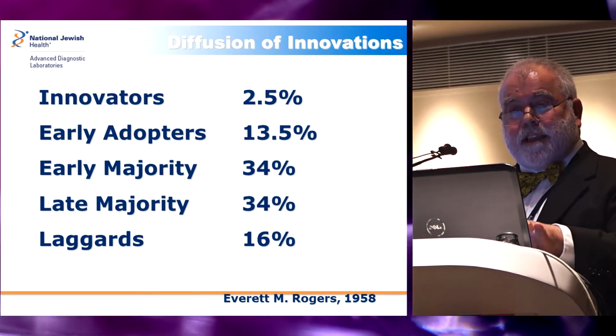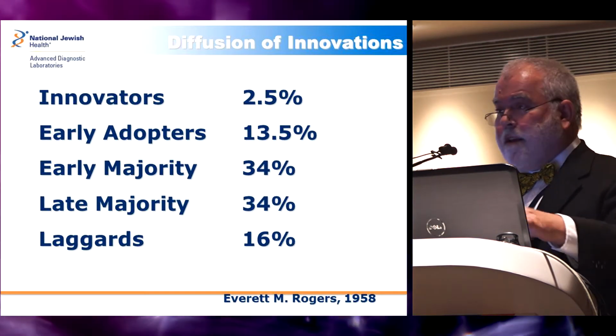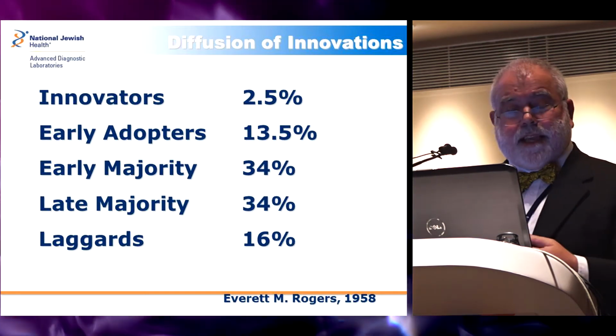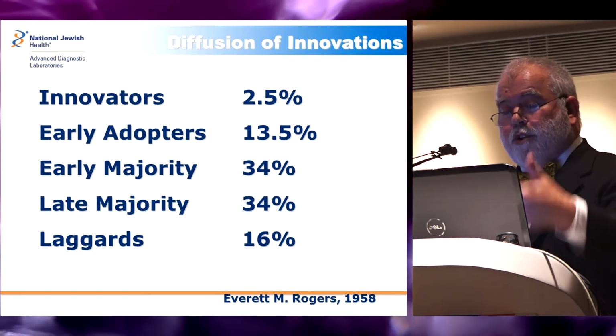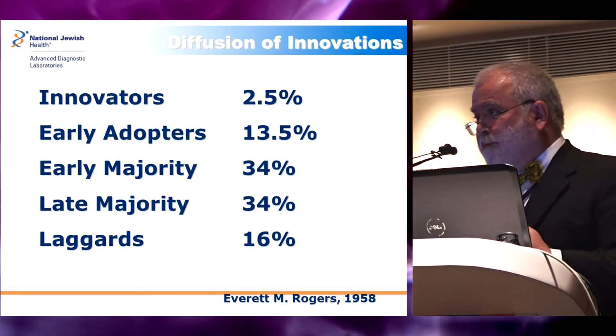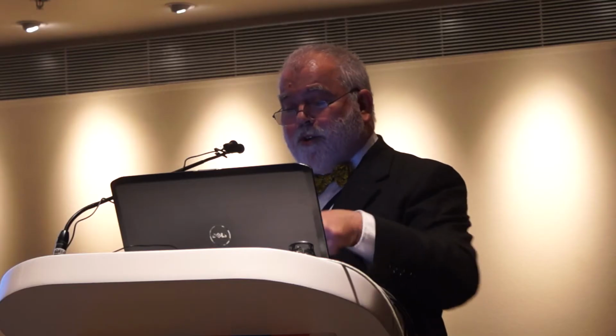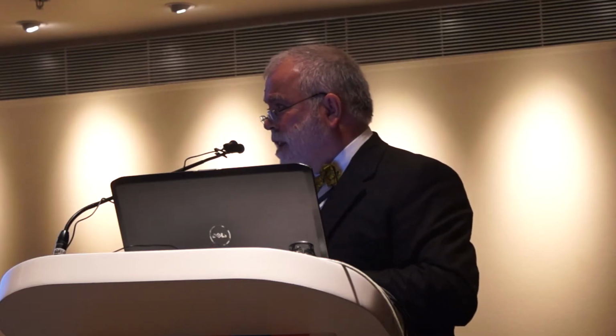So here again, the innovators, and then how quickly are you actually adopting a new assay? And then early majority, late majority, and laggards. Nobody in this room belongs to the last category, the laggards.